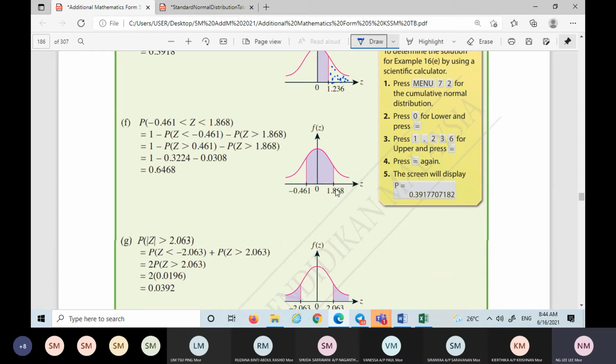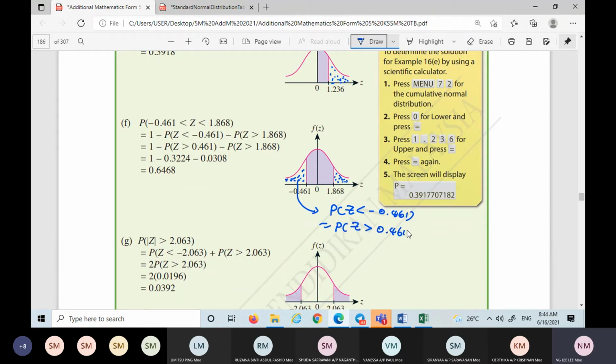But I can read this, and I can read this if I change it, because I know that z smaller than negative is equal to z bigger than positive, which is 0.461, this area.